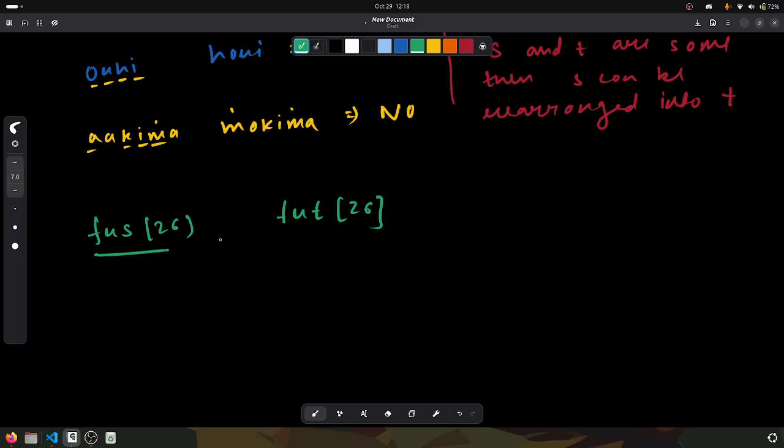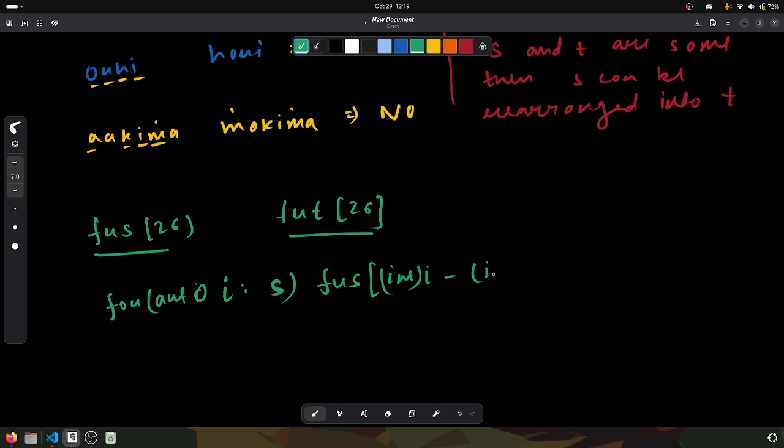So this is the frequency counter for S, this is the frequency counter for T, and what we can do is, for each character I in S, do FRS of integer of I minus integer of A, plus plus.